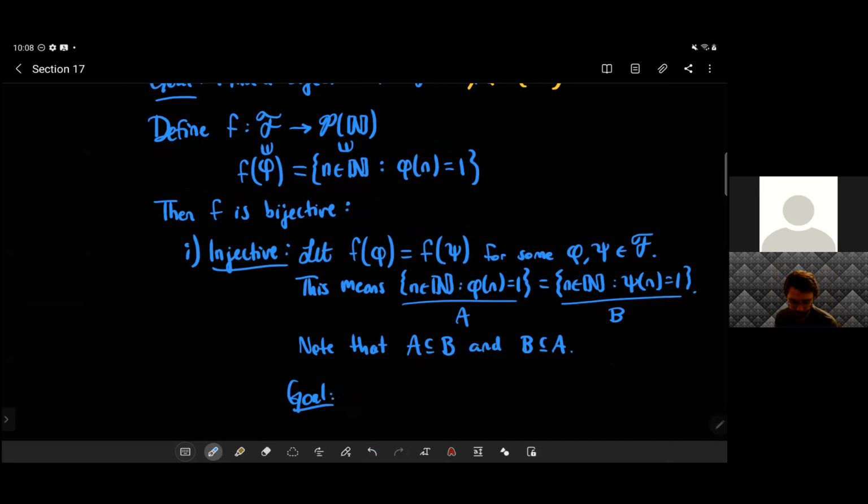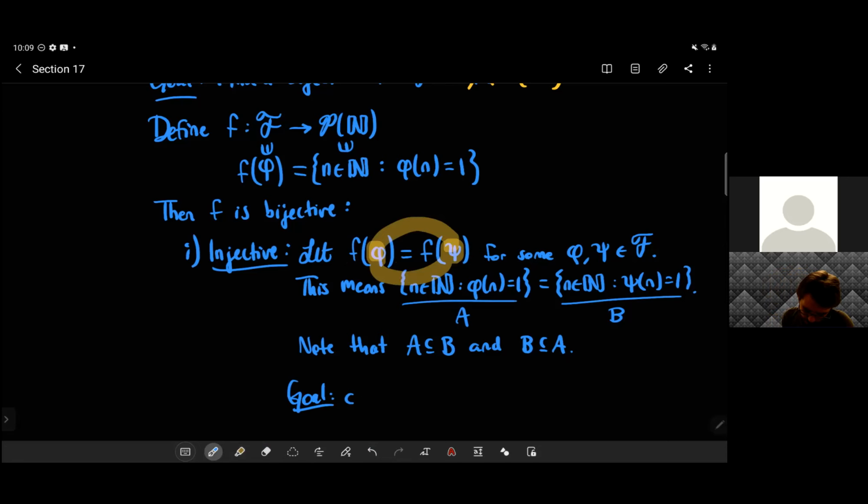Our goal. We started with two elements of our domain, said they mapped onto the same thing in the codomain. Their function values are equal. That means I want to show these are equal. I want to show phi equals psi. But phi and psi are functions.